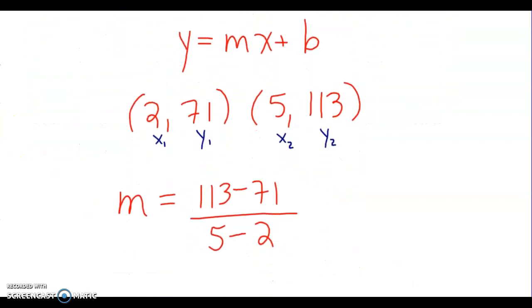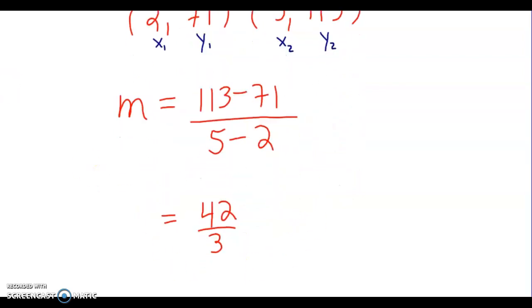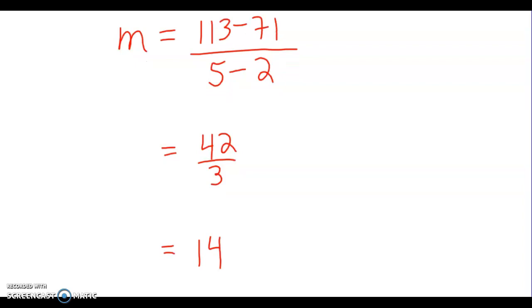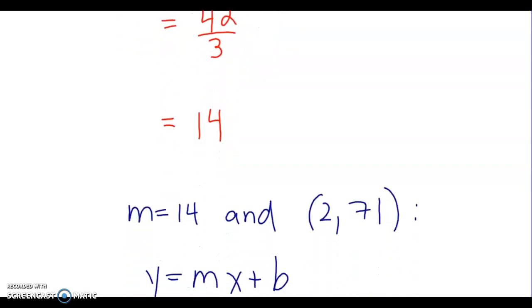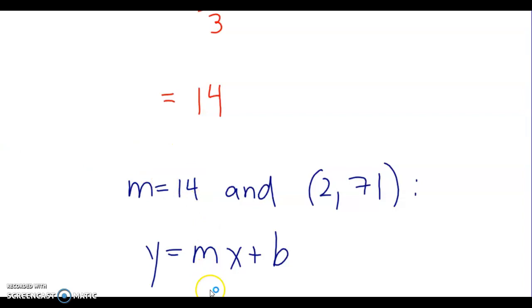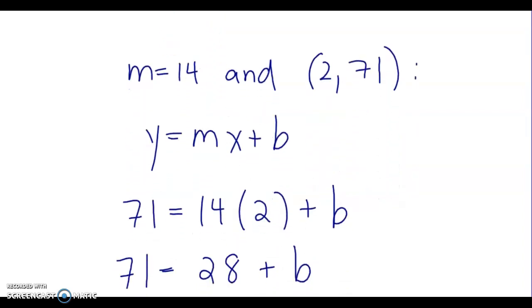So now I have these 2 ordered pairs, x1, y1, x2, y2. I can solve for slope, and we end up with a slope of 14. I'm going to plug this into my equation along with one of the 2 points. You get to pick whichever one you want. Slope is 14. X and y, you can either use (2, 71) or (5, 113).